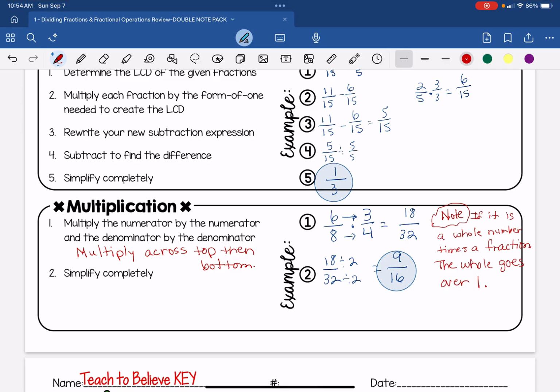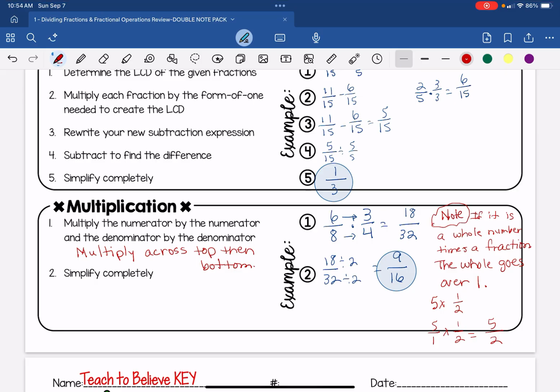Example would be 5 times 1/2. We are not dividing yet. If I have 5 times 1/2, I would do 5 over 1 times 1 over 2, and it would equal 5/2, which you could then simplify.